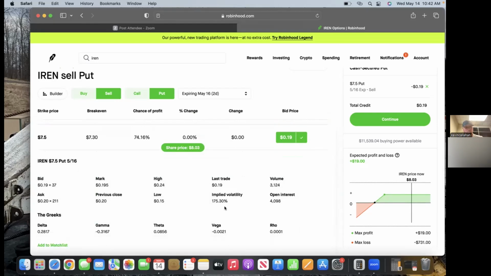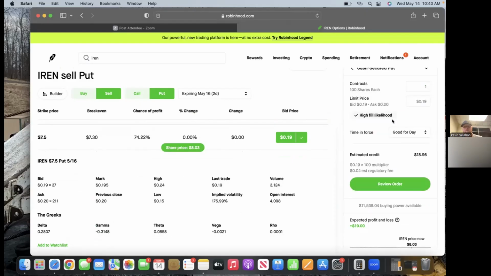Based off your buying power, you have 11.5, so we take 11.5K divided by 750, and that tells you the number of contracts you can open. 15 contracts. So if we hit continue and hit 15, and we keep it at 0.19, that's another $284 in just 2 days. I'll run this, and that's it.